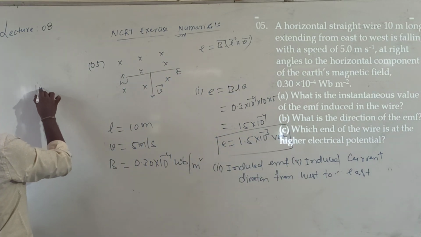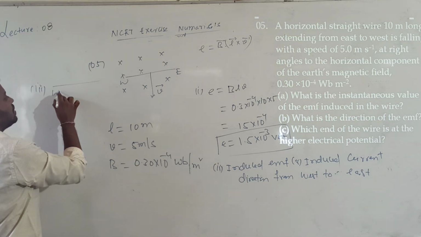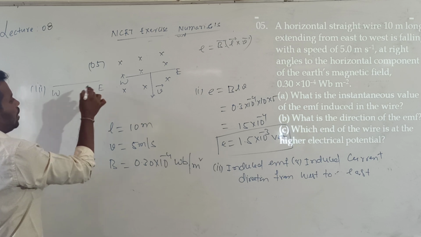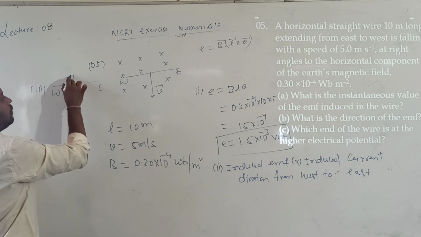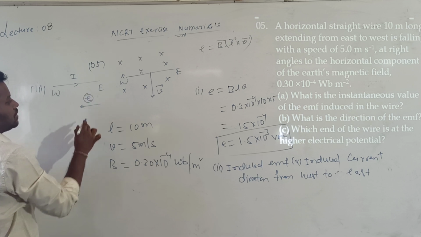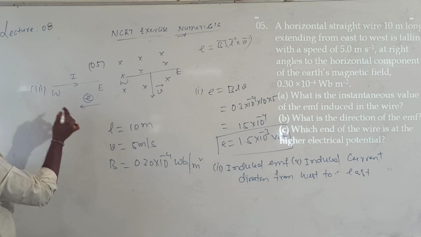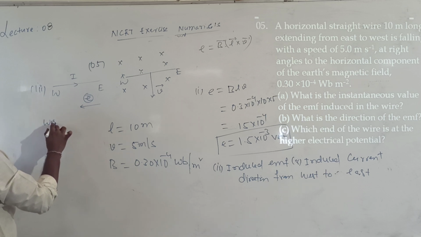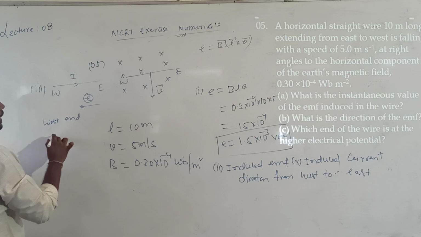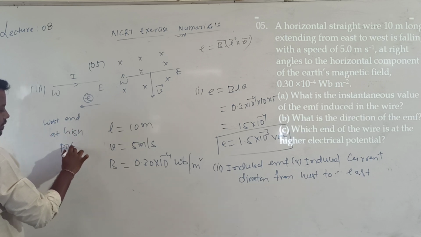Now you see, current is flowing from west to east. I think in NCERT they gave the answer wrong. Current direction is from west to east, but electrons will flow from east to west. Electrons flow from east to west, which means which end will be at a high potential? The west end. West end at a high potential.